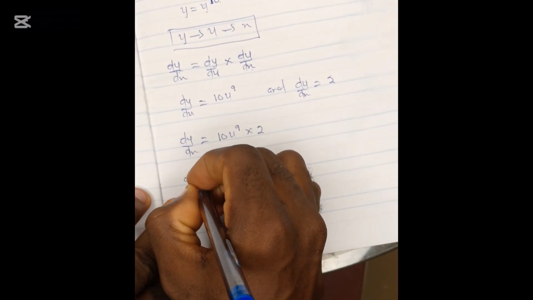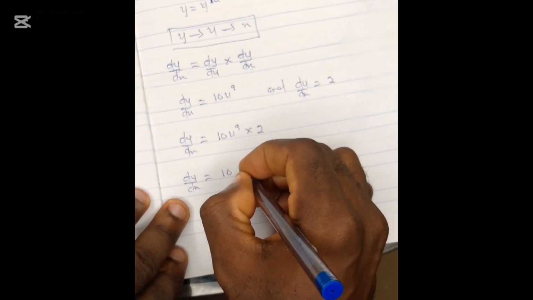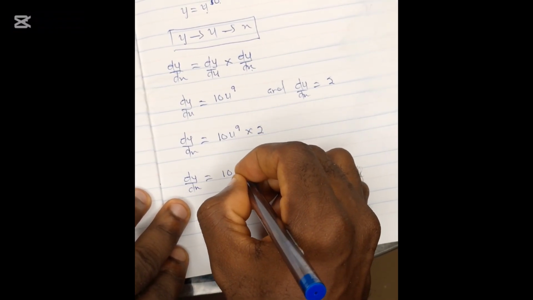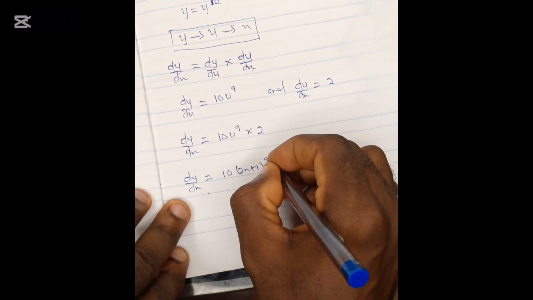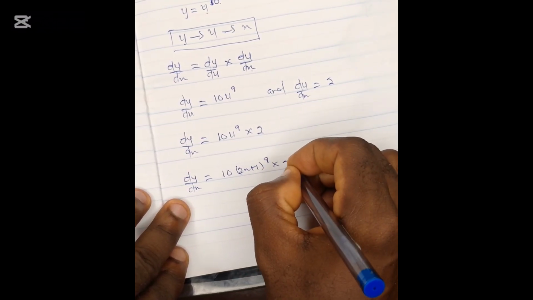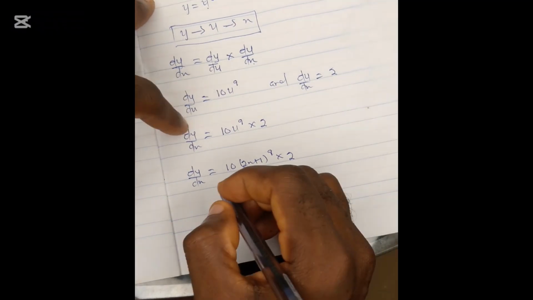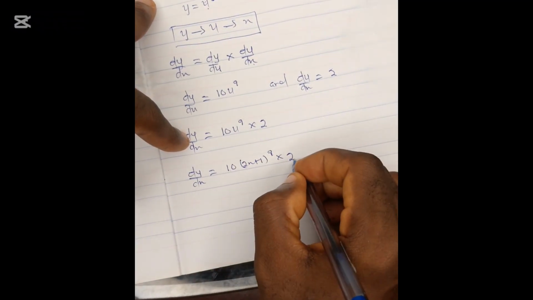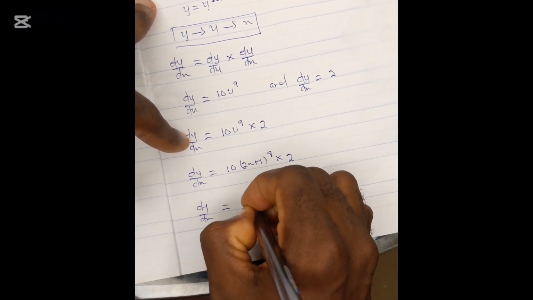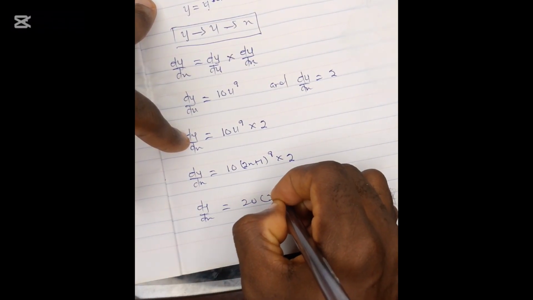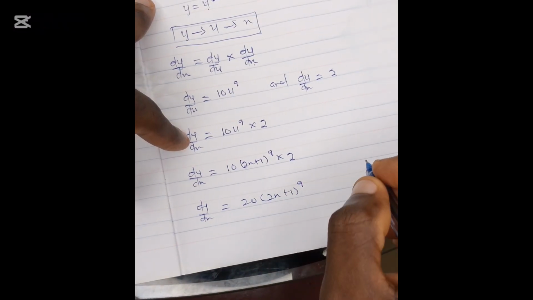So we're going to have dy/dx equal to 10 times u, which is 2x plus 1, so we have (2x plus 1) all raised to the power 9 multiplying 2. Then we simplify. So 10 times 2, so dy/dx is going to be 20 into bracket 2x plus 1 raised to the power 9.